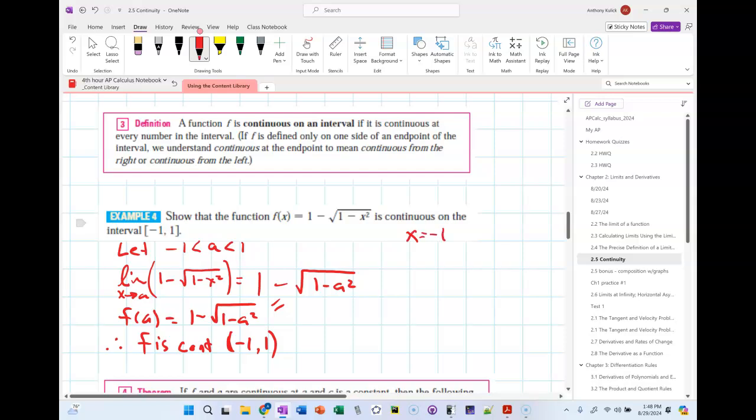So if I do at x equals 1, or -1, excuse me, that is going to be a left-hand limit only, because I know if x is less than -1, I'm going to end up with a negative under the radical, right? That's all I can do. So that's a right-hand limit only.